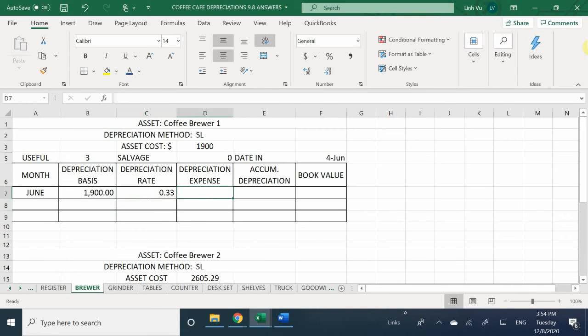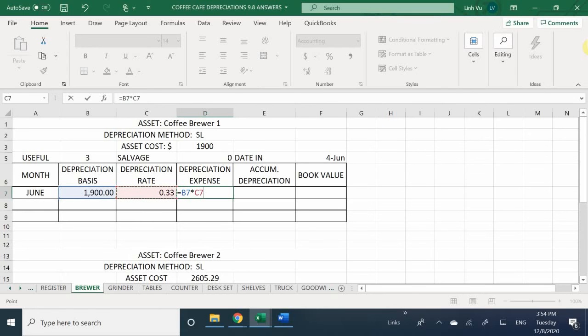Okay. How do you solve for the depreciation expense? Oops. Sorry, I'm putting in my thing. No worries. All right, there we go. So we're going to take the depreciation basis times the rate. So we're going to take the 1,900 and multiply it by the rate.